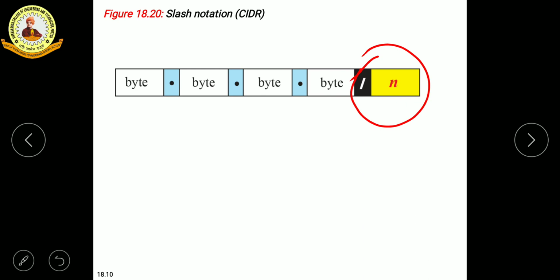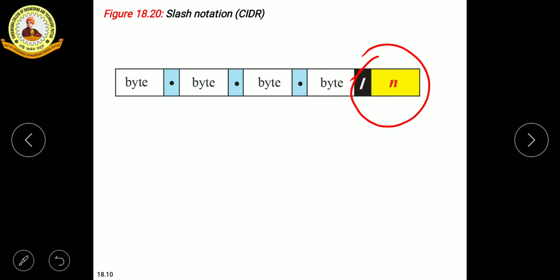The notation is informally referred to as slash notation and formally as CIDR, that is classless interdomain routing. Or it is also pronounced as cider. An address in classless addressing can then be represented as shown in this figure. So in other words, an address in classless addressing does not define the block or network to which the address belongs. We need to give the prefix length also.